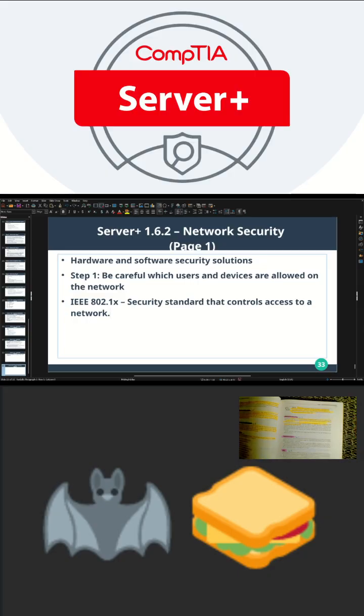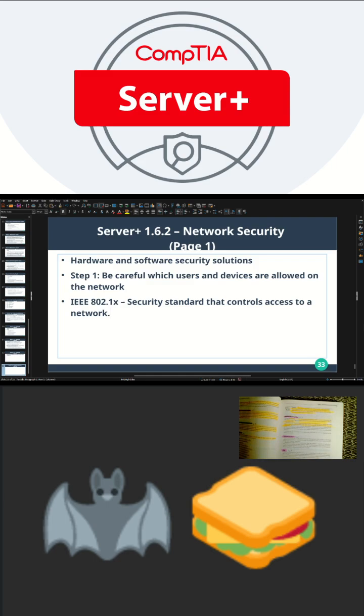But we need to keep that in mind for the Server Plus. They want us to know the IEEE 802.1X security standard, and that it controls access to a network.